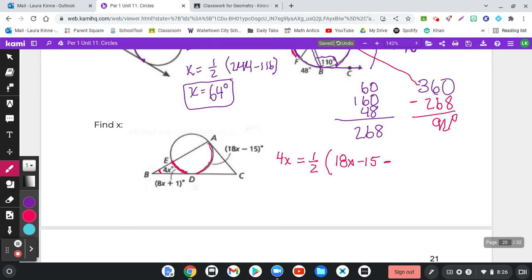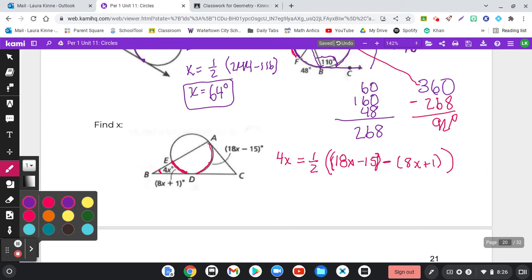But be careful when you subtract 8x plus 1. Sorry, a little thunder out there. You want to put it in parentheses because you're going to subtract both parts. Because if you just put 8x plus 1, it's going to throw you off. So I want to subtract the whole thing. The big arc minus the small arc.